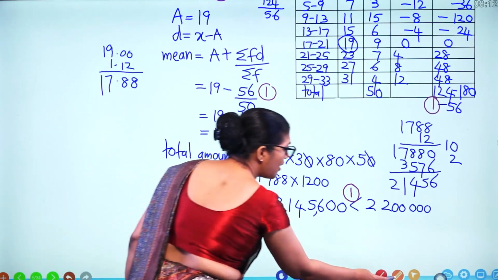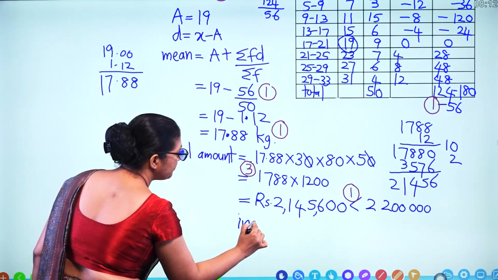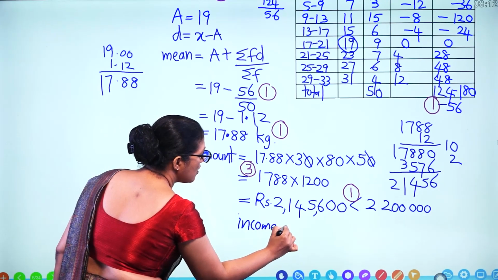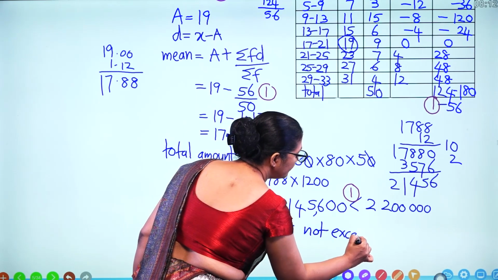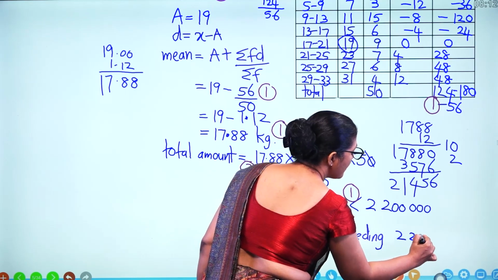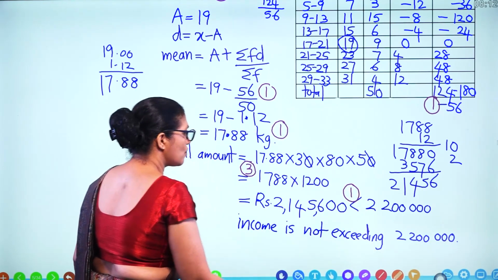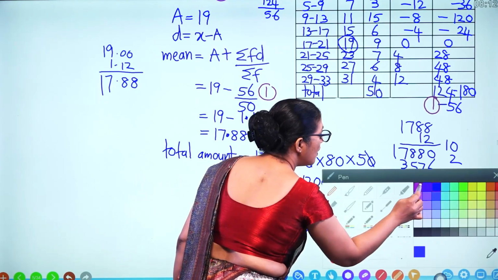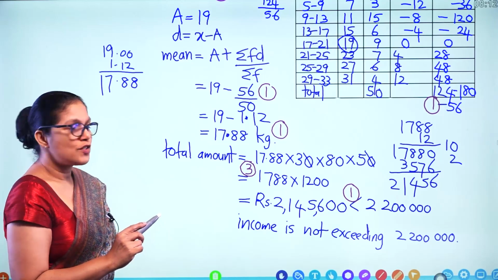So here we'll write down income is not exceeding 2,200,000 rupees. So altogether you get 10 marks for this question.